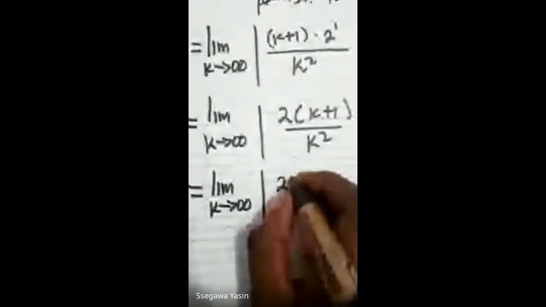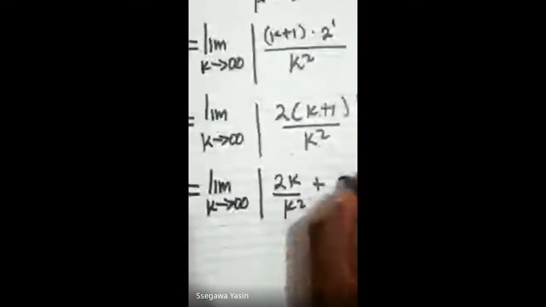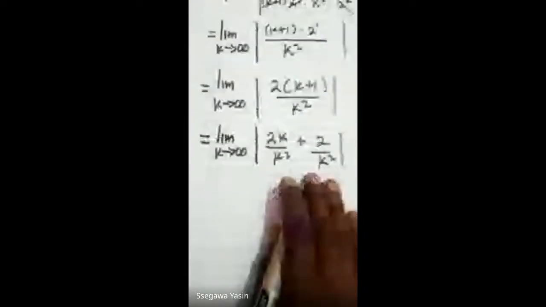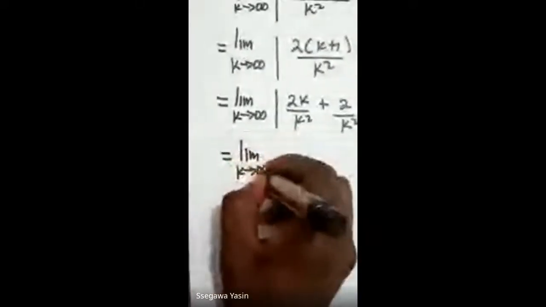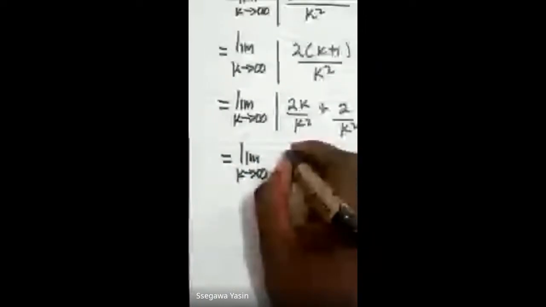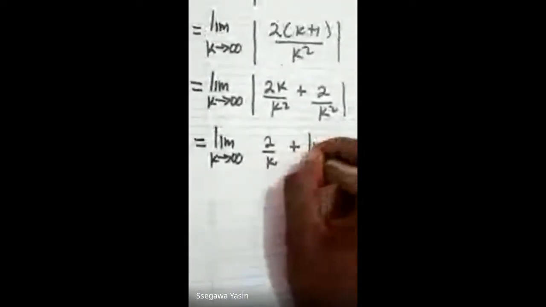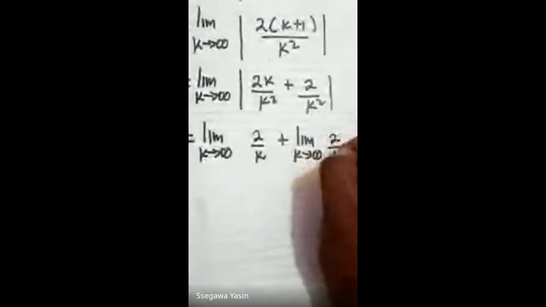So this is 2k over k squared plus 2 over k squared, which is the limit as k goes to infinity of 2 over k plus the limit as k goes to infinity of 2 over k squared.